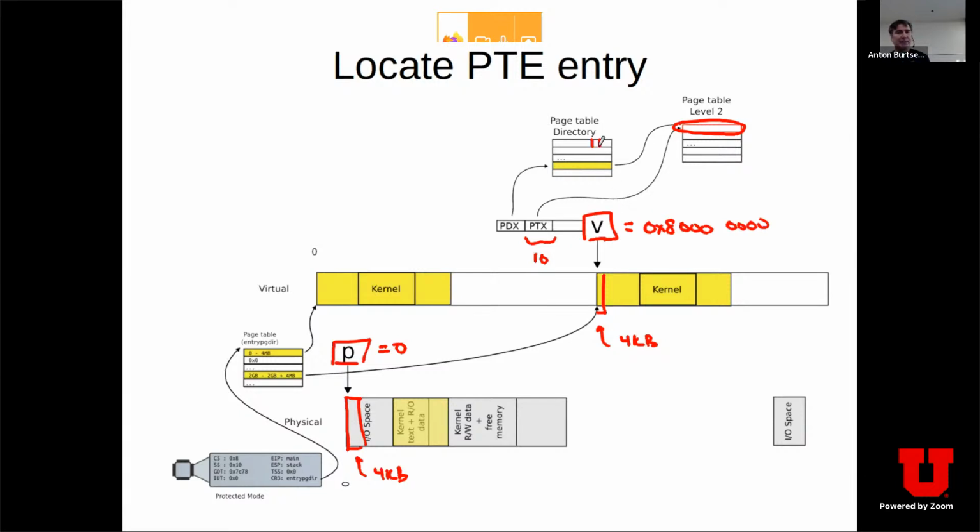Remember, there is this bit in a page table directory which tells you whether this entry is a 4 megabyte page or a 4 kilobyte page. If it's a 4 kilobyte page, the hardware goes and looks at the leaf. If it's a 4 megabyte page, it just interprets this address as the address of the page. And it can be hybrid.